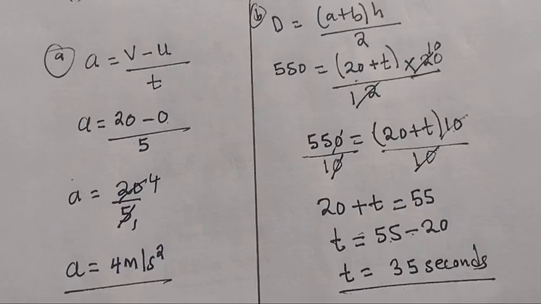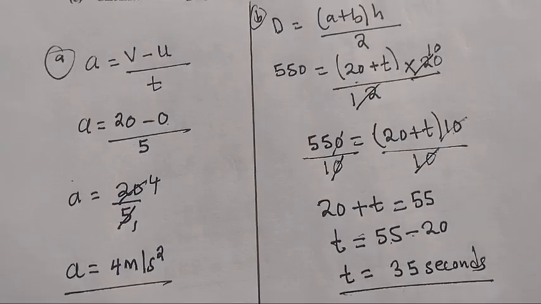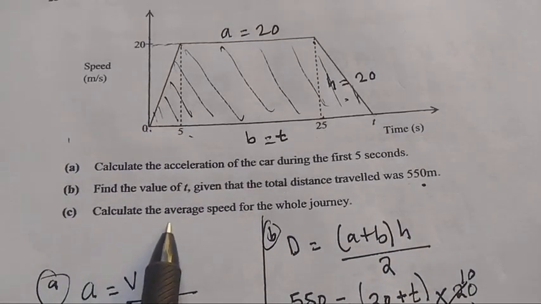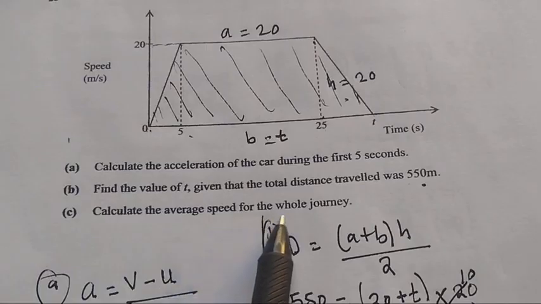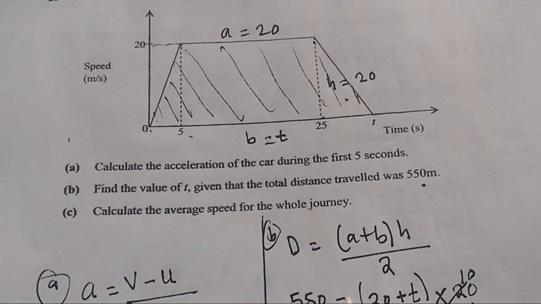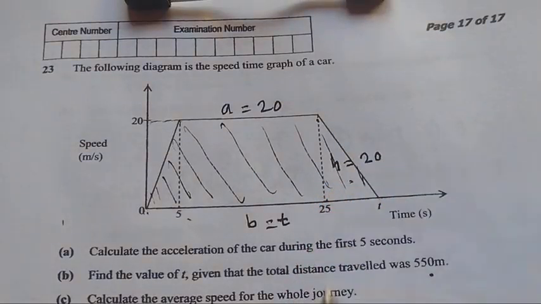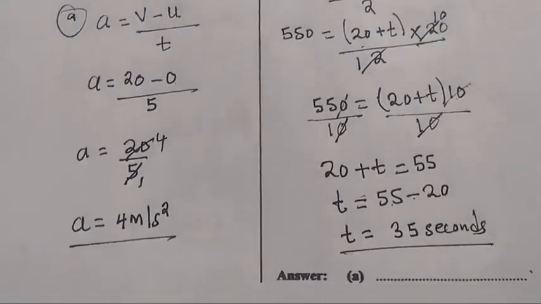Right, so let us now come to the last question, which is question C. Calculate the average speed for the whole journey. They want you to find the average speed for the whole journey. Just come up with the formula for finding speed, which is very, very easy.